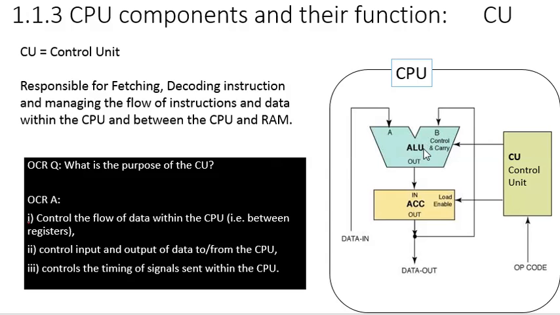A clock tick would go by, and then after things are stabilized in the electric circuit, the value would end up in the accumulator. Time would be allowed for that to stabilize, and then the results of the accumulator would be sent either to the MDR, the memory data register, or some other temporary address.